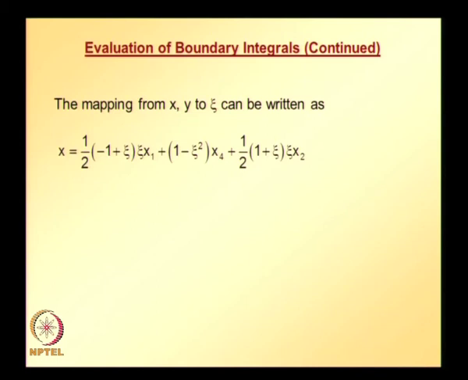Sorry, here it is N1 x1 plus N2 x4 plus N3 x2, and N1, N4, N2 are substituted in terms of psi here. So, this gives us the relation between x and psi.